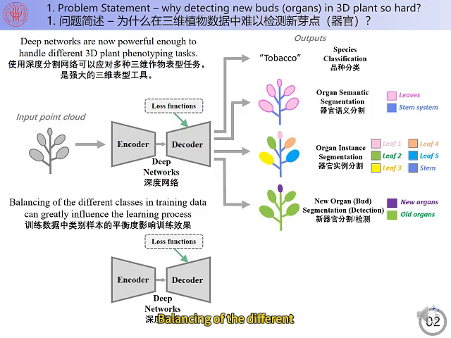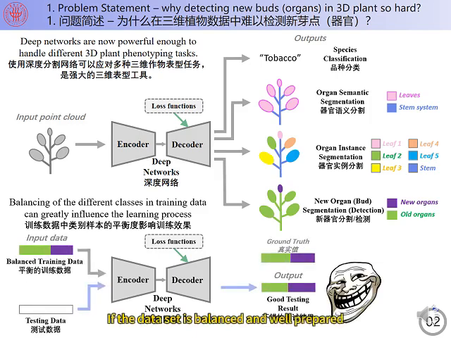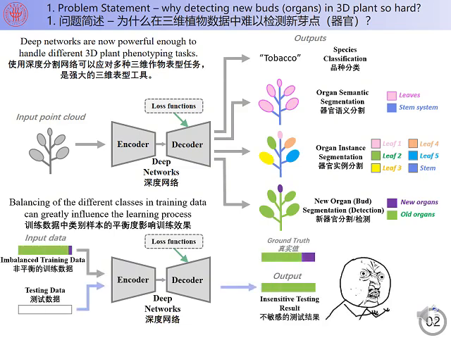The balancing of the different classes in training data can greatly influence the learning process. If the dataset is balanced and well prepared, then the network is almost guaranteed to output good results. But if the dataset is imbalanced, the training network will be very likely to be insensitive to the small classes, and this phenomenon is quite network irrelevant.